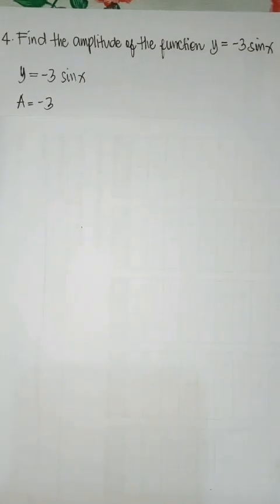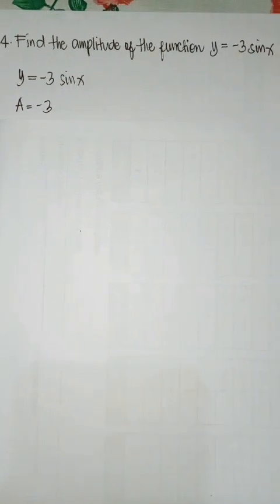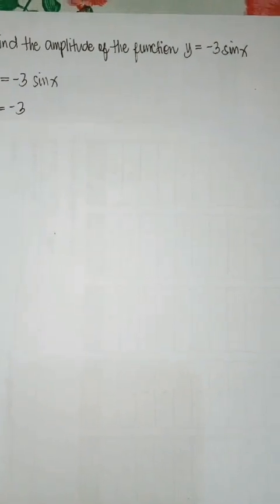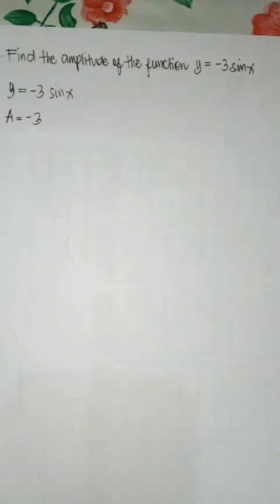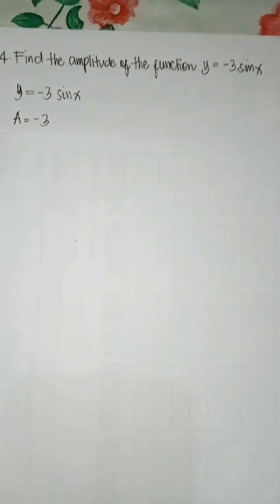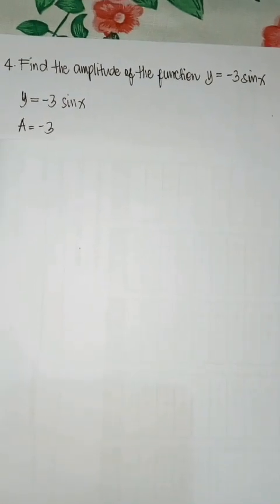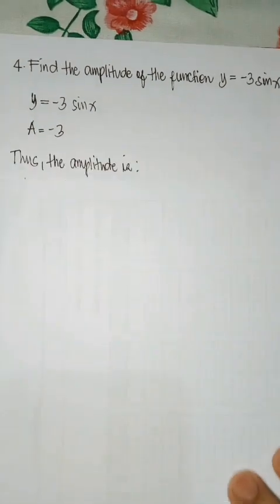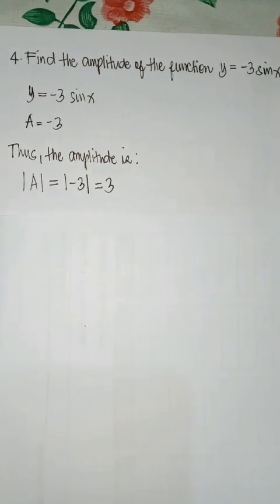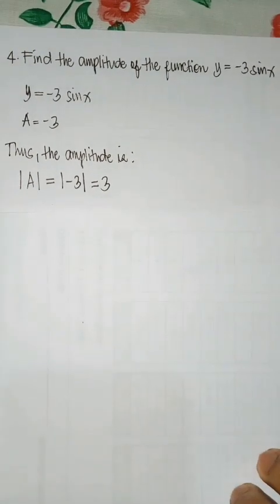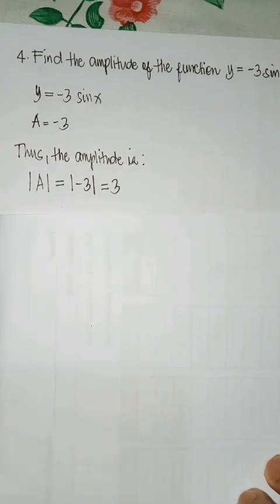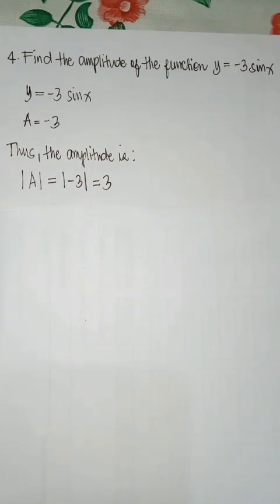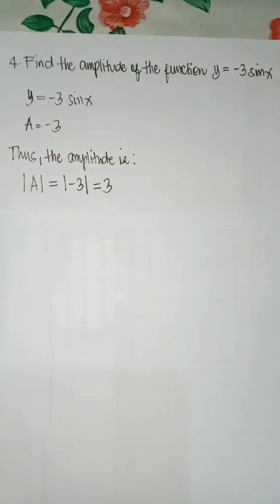Now to find the amplitude, we just take the absolute value of negative 3, which is positive 3. That's why the answer is absolute value of a equals the absolute value of negative 3 equals 3. So the amplitude of the function y equals negative 3 sine x is 3.